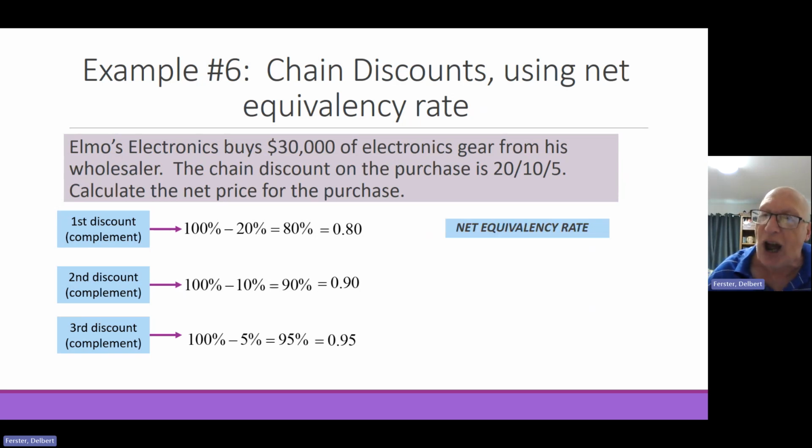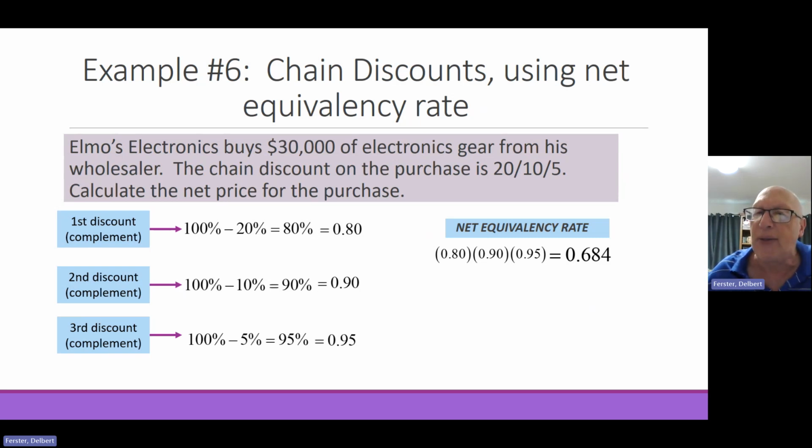So a single shot look would be to multiply all those 3 decimals together, and we're finding the equivalent discount rate, or the equivalent rate that we're actually paying in this particular context. And there you can see the set to multiply. A little messy, 0.684. Again, don't round it, keep it intact.